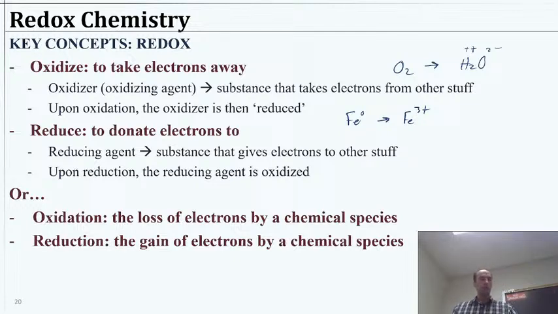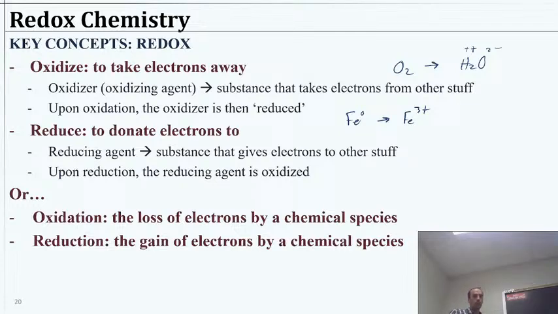All right, so reducing agents, just the flip side, they tend to donate, or a reducing agent would be this thing that gives electrons away, and something that was reduced had gained those electrons.